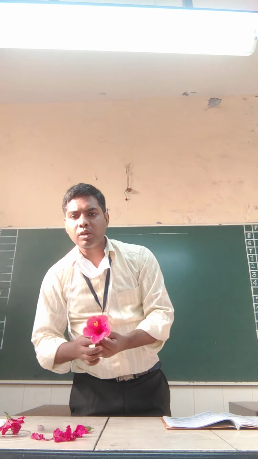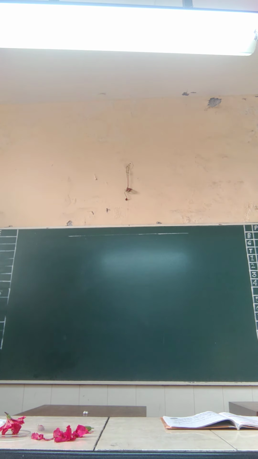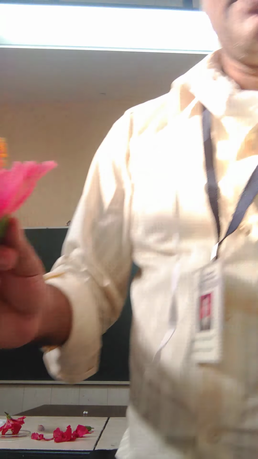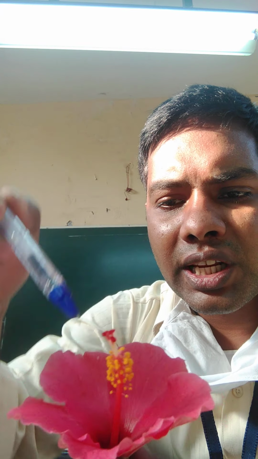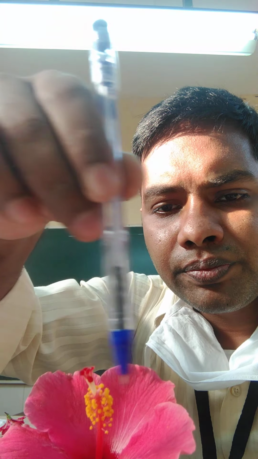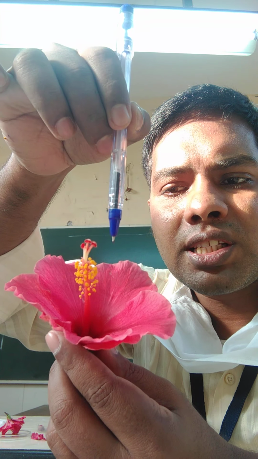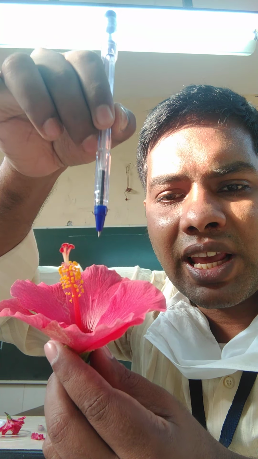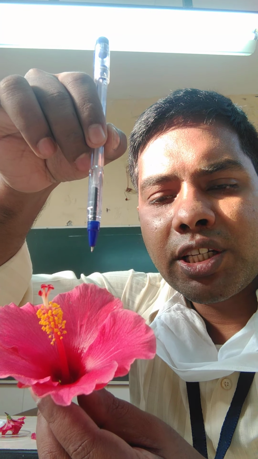I'll just bring it closer to you and I'll show you the different parts. Students, when you see here, sit properly. You can see yellow color stick-like structures around, right? These yellow color structures are on a stand-like, stick-like structure, and it is called the filament.